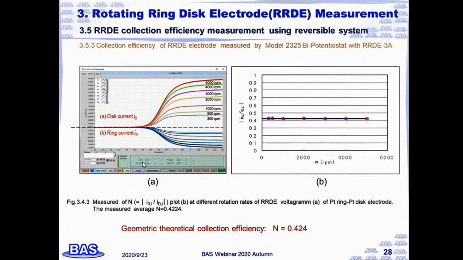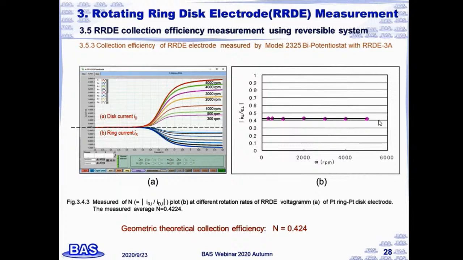The left figure A shows the RD measurement results under various rotation rates. The disk currents are on the upper side and the ring currents are on the lower side. The right figure B shows that the ratio of IR to ID is almost constant under various rotation speeds.